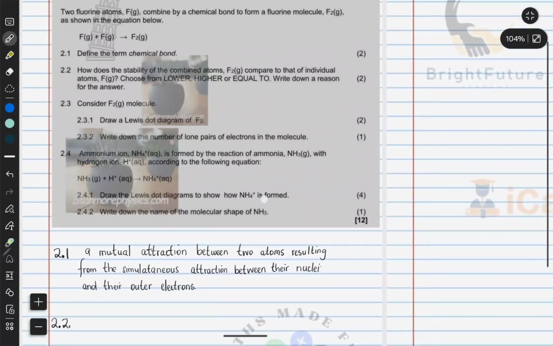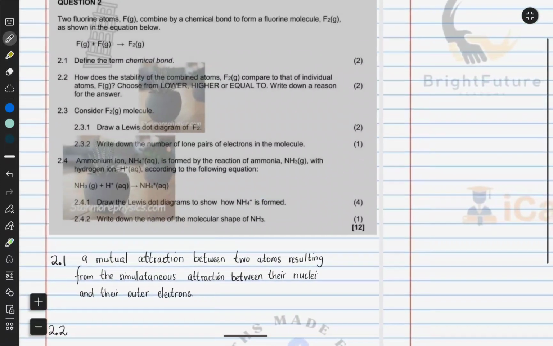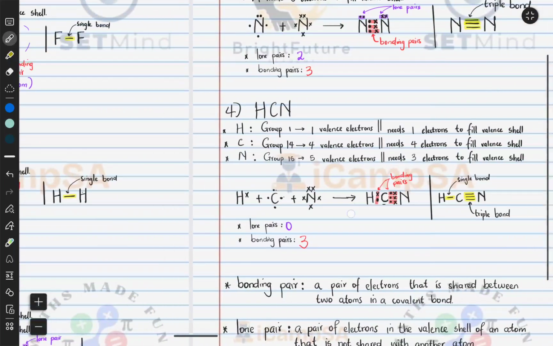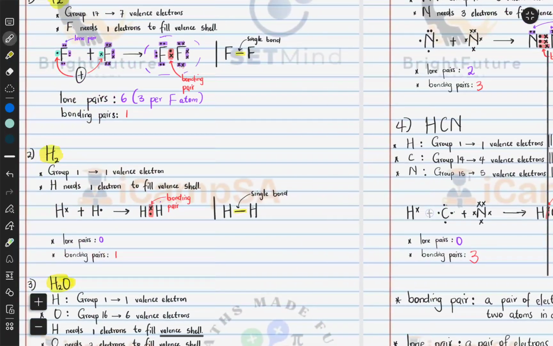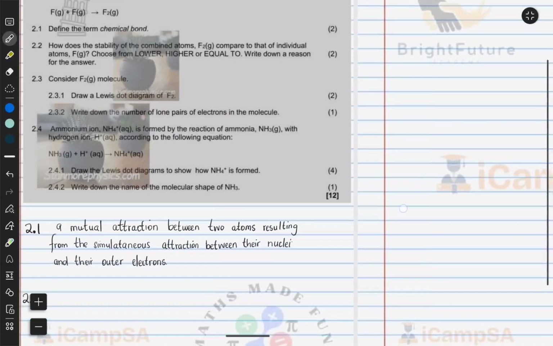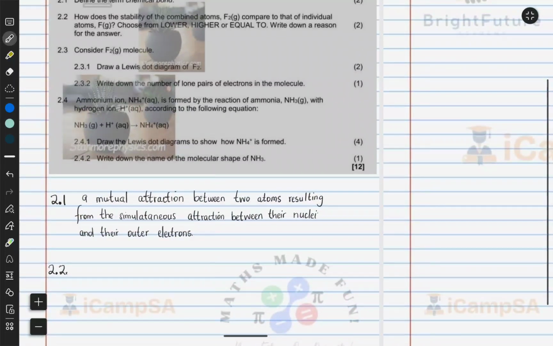Okay. So 2.2. How does the stability of the combined atoms, which is the F2 gas, compare to that of the individual atoms? Choose from lower, higher, or equal to. Write down a reason for the answer. So remember, if these atoms exist without combining, for instance, fluorine by itself, we said it has about 5 valence electrons? Was it fluorine? Oh, it has 7, right? It has 7 valence electrons, and because of that, it is not stable.